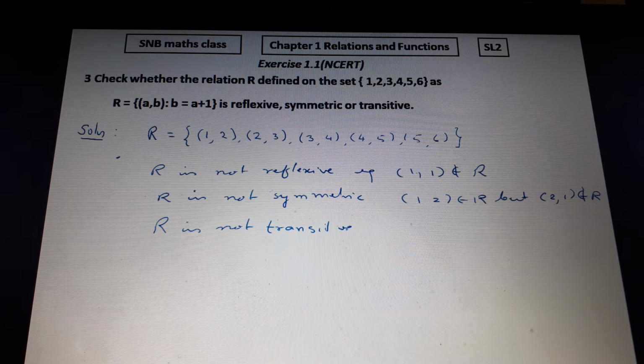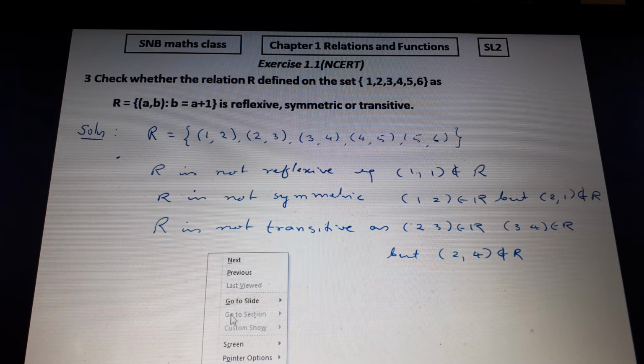Transitive, as (2, 3) belongs to R and (3, 4) belongs to R, but (2, 4) does not belong to R. Therefore, it is neither reflexive nor transitive, and not even symmetric. So, this is the question.